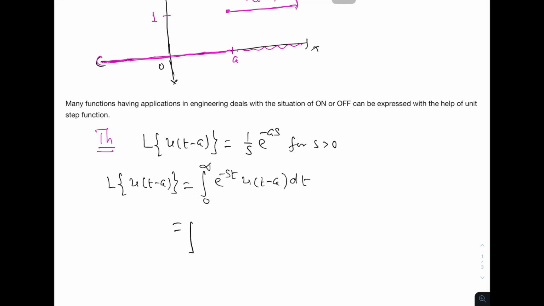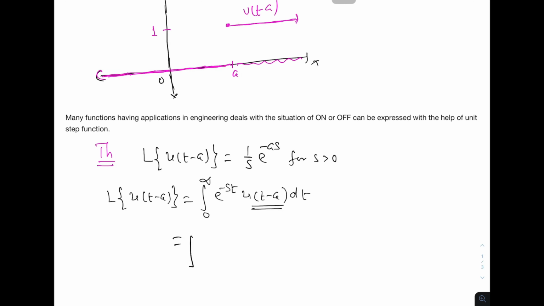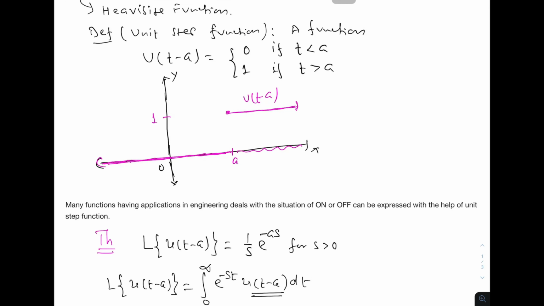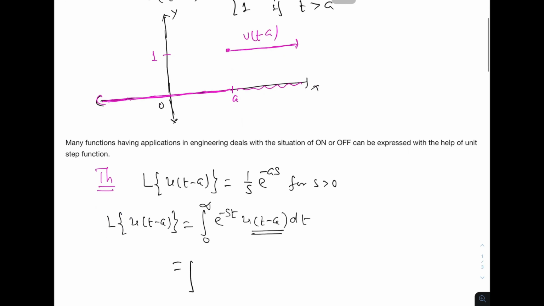Now this function has value 0 when t less than a, 1 when t greater than a. So integration 0 to a e power minus st times 0 dt plus a to infinity e power minus st times 1 dt. The first integration has value 0.